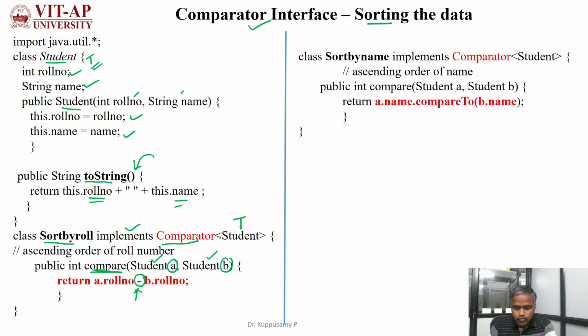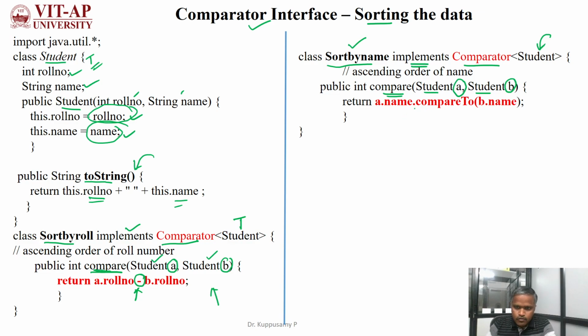And the next one is another class named SortByName. Here we have two variables, one is name and another one is roll number. So first we compared the roll numbers to sort with respect to roll numbers, and here I am going to define the class SortByName, which also implements the Comparator interface with respect to the Student type. The compare method is used, and again I am defining two objects A and B for the same class.